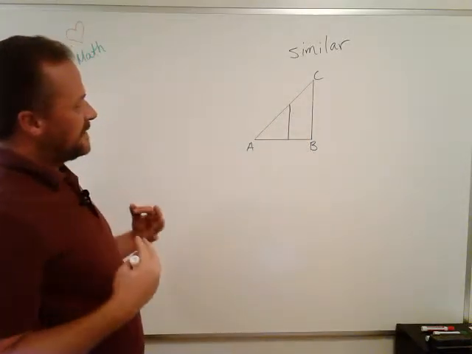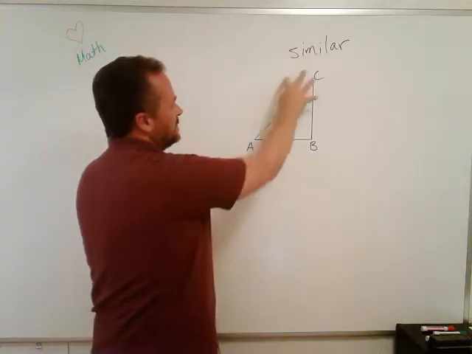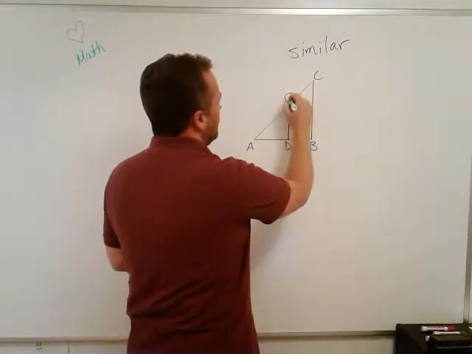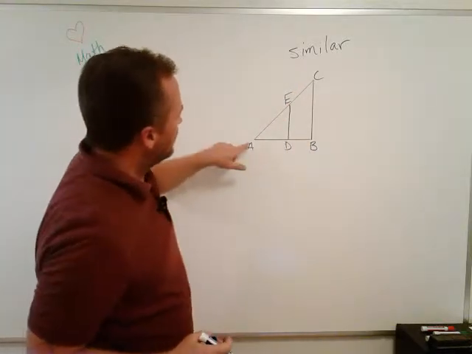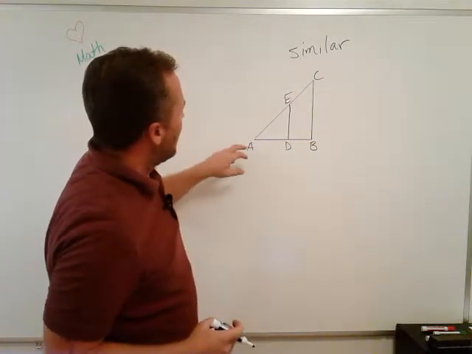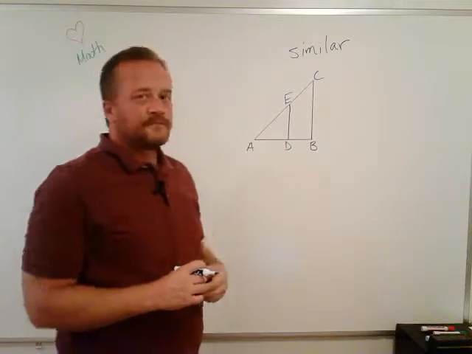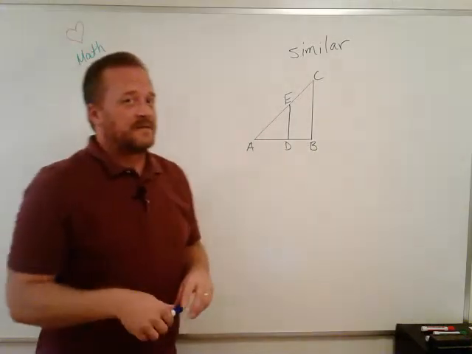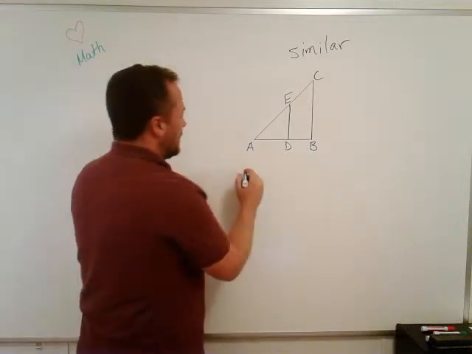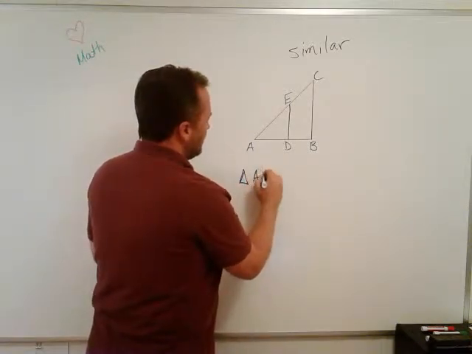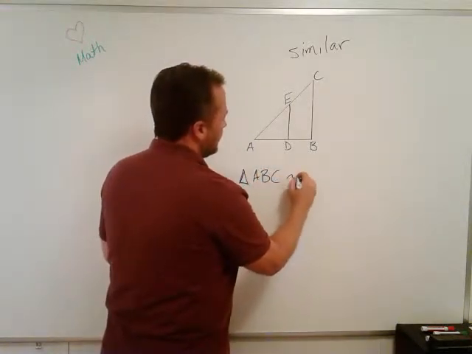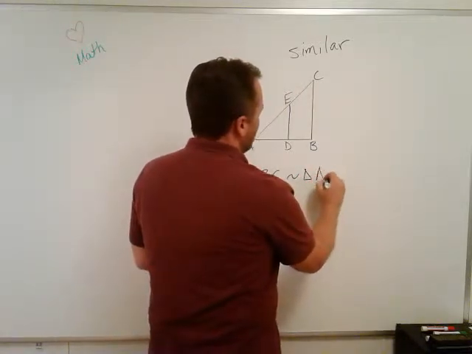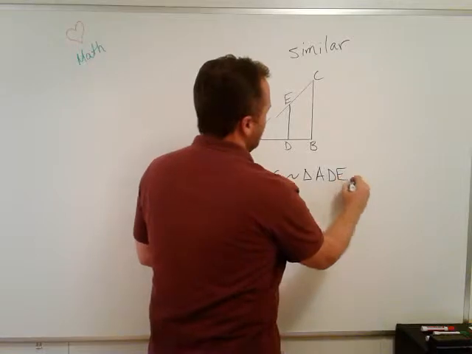So the only thing I need to do now is give this 2 more labels so that you can see that there's an ABC triangle and an ADE triangle. Okay? And I'm going to give you a fact. The fact is triangle ABC is similar to triangle ADE.